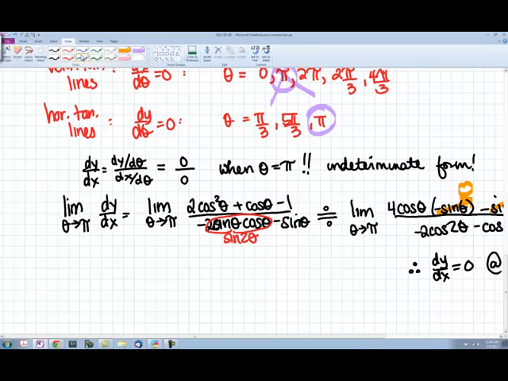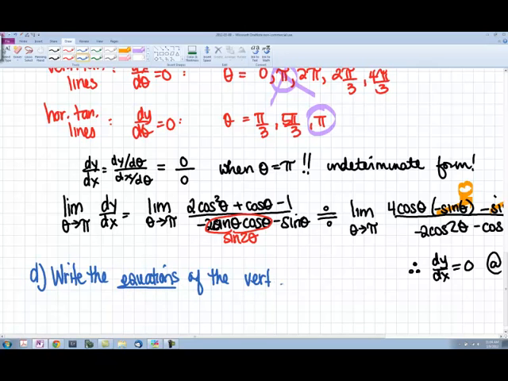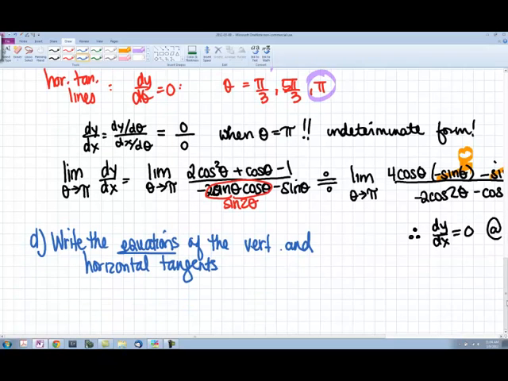Okay, I'm going to continue this and ask another question with this same problem. I want us to write the equations of the vertical and horizontal tangent lines. So I actually want the equations of those lines.